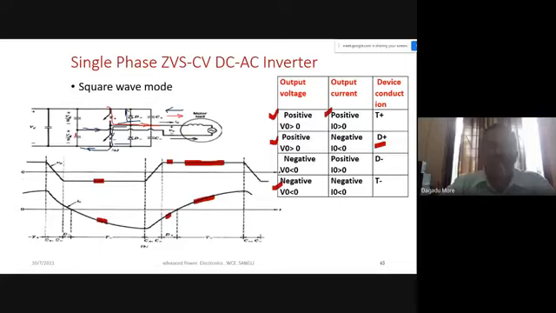Now our voltage is negative but current is positive. In that case, we have seen that particularly D minus has to conduct. Current is positive, so let us take current is positive.